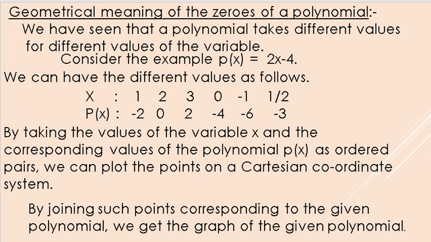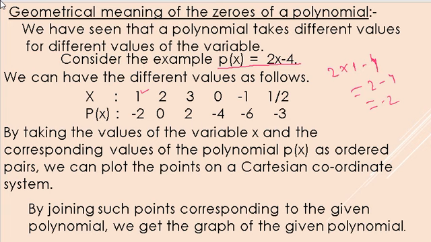We can have different values as follows. Suppose we put 1 in x. So you can see here 2 into 1 minus 4 equal to 2 minus 4 equal to minus 2. You are able to solve it.